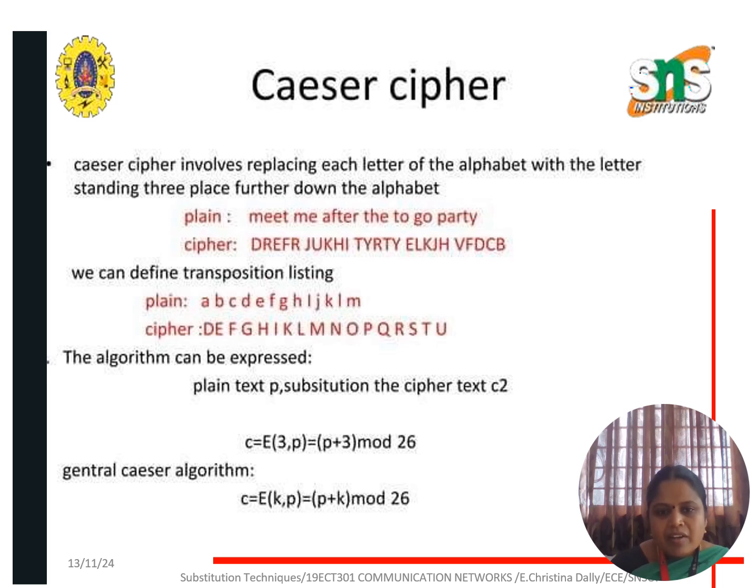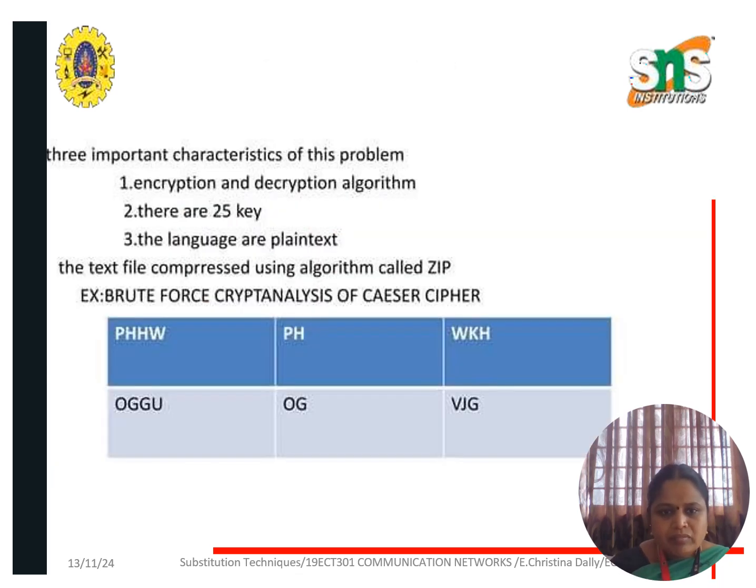Here we replace the letter A with D, B with E, C with F, D with G. Likewise, it shifts by 3. That is termed the cipher, where we move 3 places further down the alphabet.